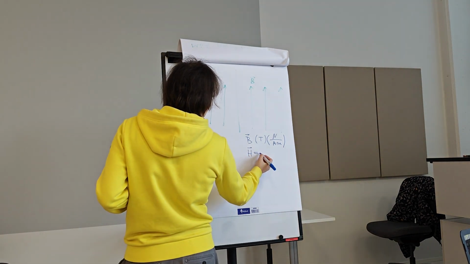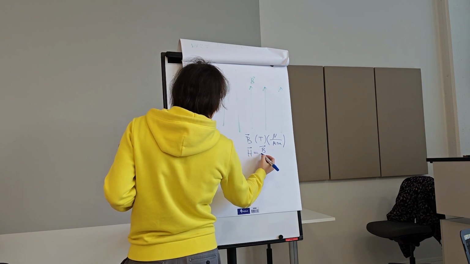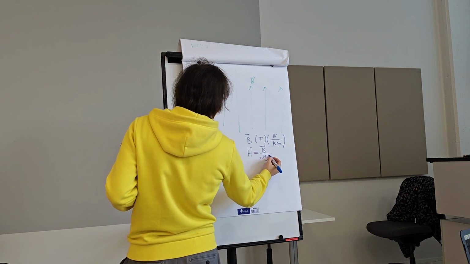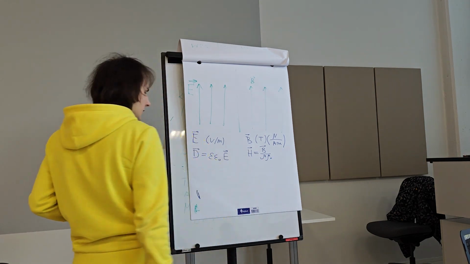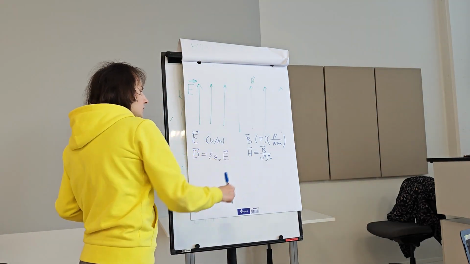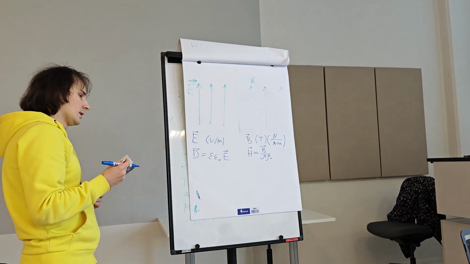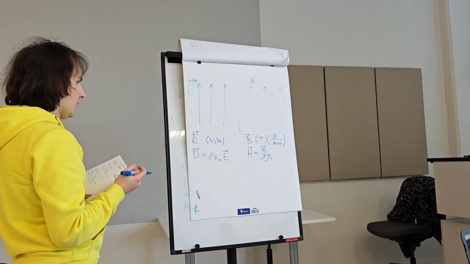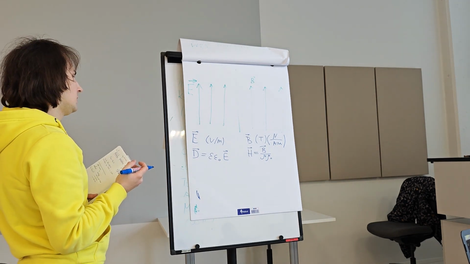Vector H goes a little bit vice versa. Vector H equals to vector B divided by mu 0 mu. Mu 0 is the constant and mu is the magnetic property, magnetic permeability of the material.